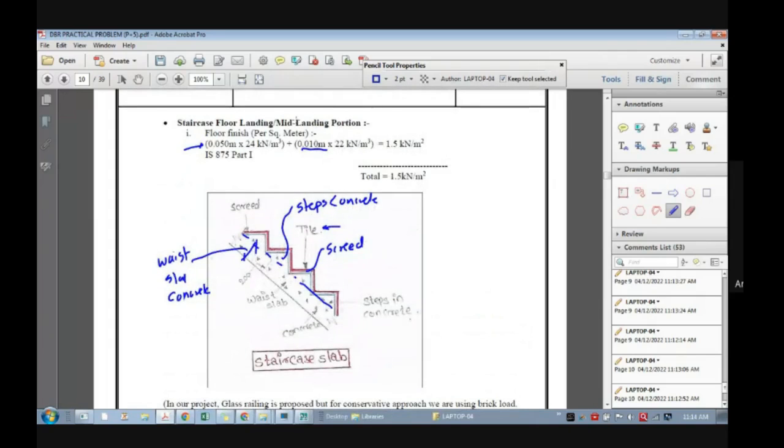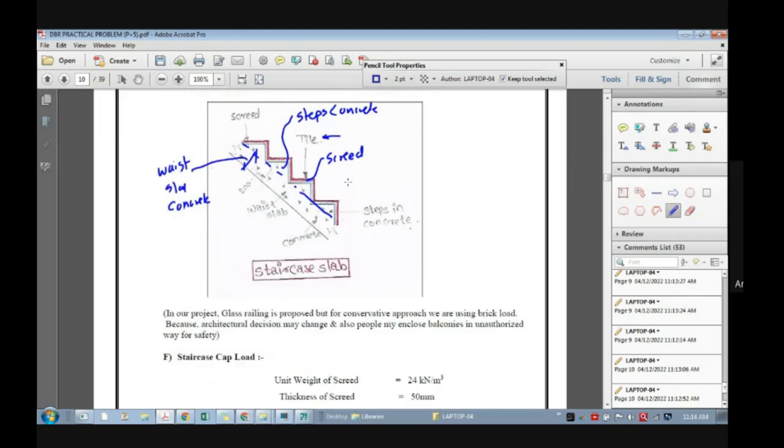Otherwise, there will be a lot of questions in your mind whenever you go to the software. So don't jump into the software directly without preparing this DBR. Please keep in mind, at least as a beginner, as a learner, that is the way. And even in profession also, we use this method only. Because if I submit my calculations to any other structural engineer, he will ask me where is the DBR.